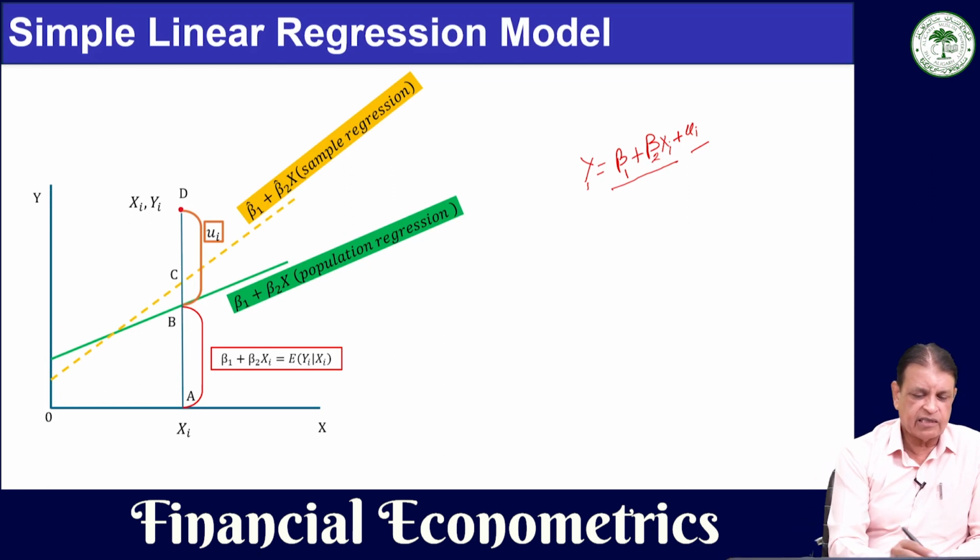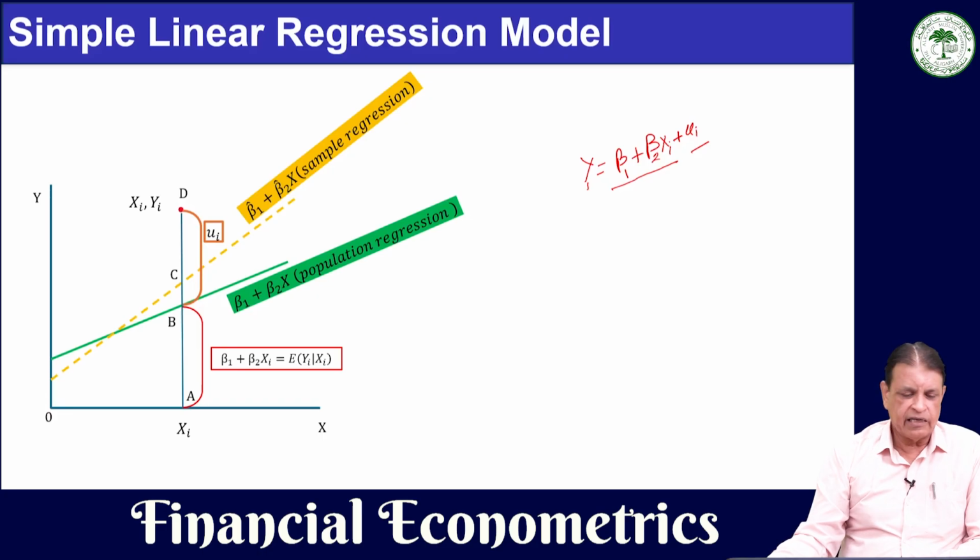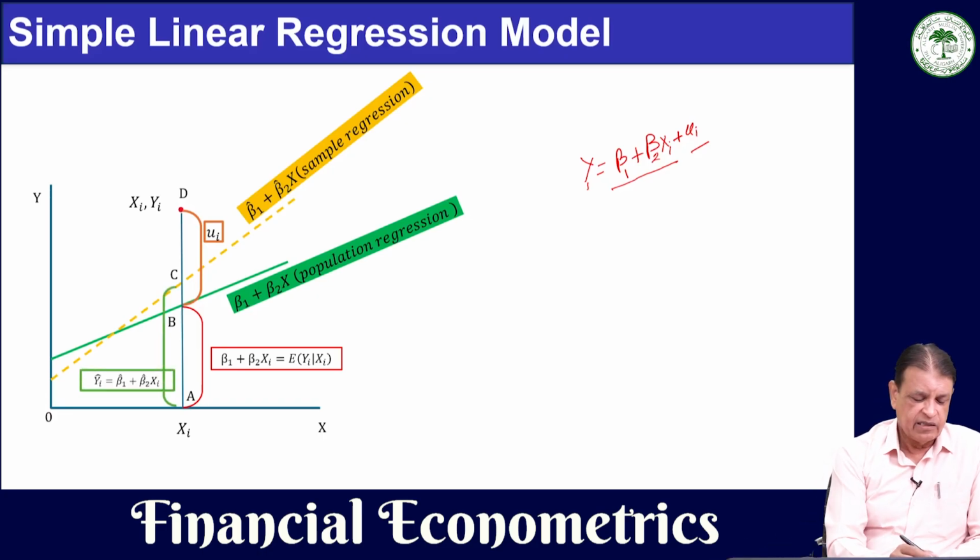Then this is the sample regression function, and in it this is the systematic part, which is explained by the line, and this one is the non-systematic part.